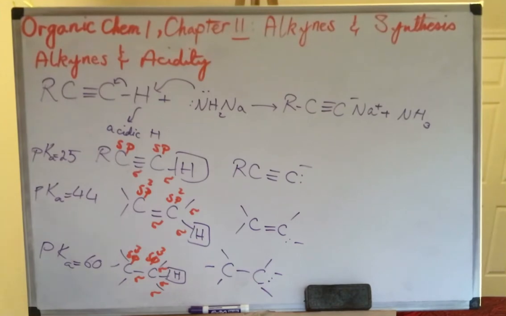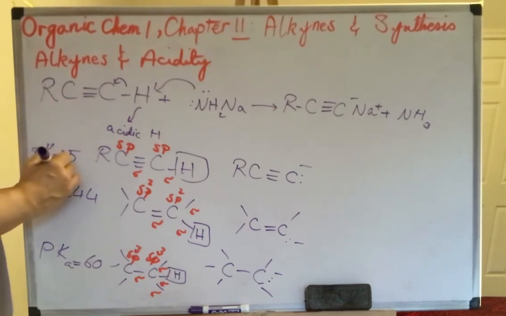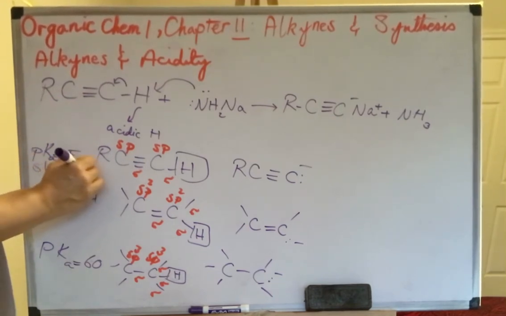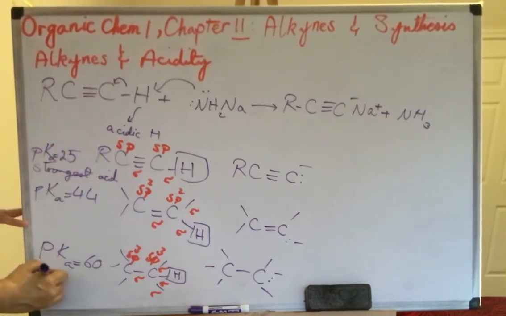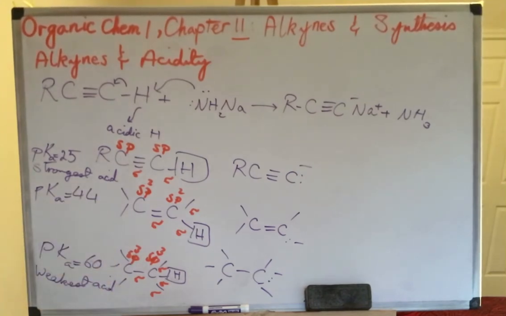So you remember the relation between pKa and acidic strength. The lower the pKa, the higher the acidic strength. So this is the strongest, and this is the weakest.